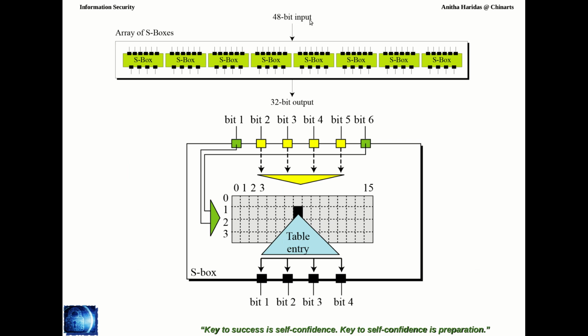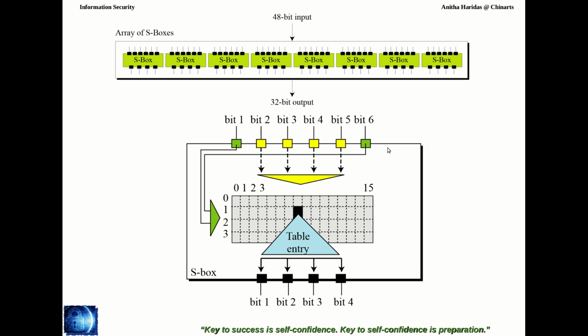The 48-bit input will be divided into 6-bit chunks, and each 6-bit chunk is given to an S box, which will produce 4-bit chunks. So this is the array of S boxes we have. So the 48-bit input becomes a 32-bit output.